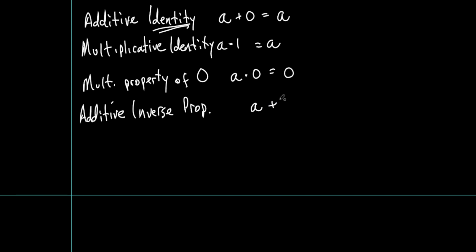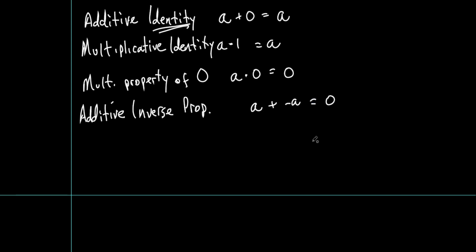Not the reciprocal, okay? What is the inverse? The inverse means you just change the sign. What's the inverse of A? If you just change the sign, it's negative A, right? So if I took A and I added it to its inverse, what am I always going to get? I'm always going to get 0, okay?